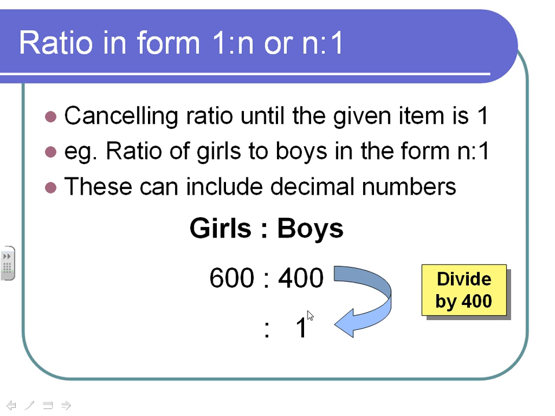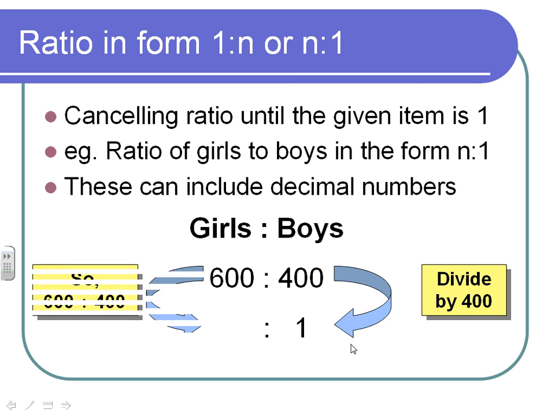And that is going to give us our 1. Now, when we're going for an n to 1 ratio, that's what we want. We want one of our quantities to be 1. To do that, we would have to divide the other side by the same number. When you divide 600 by 400, you get 1.5. So in this case, we have the ratio of for every 1.5 girls, there is 1 boy.